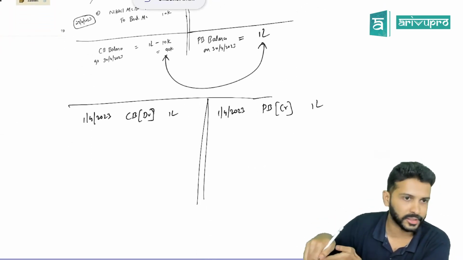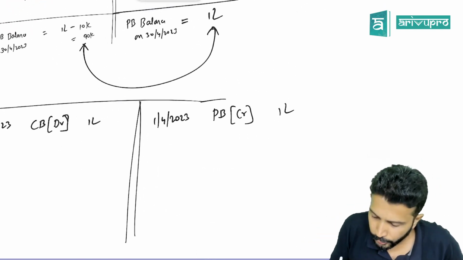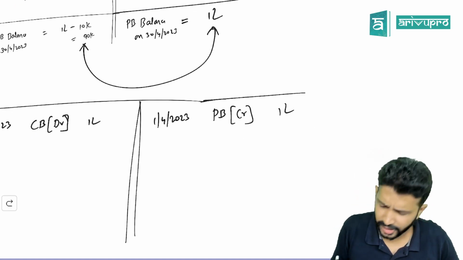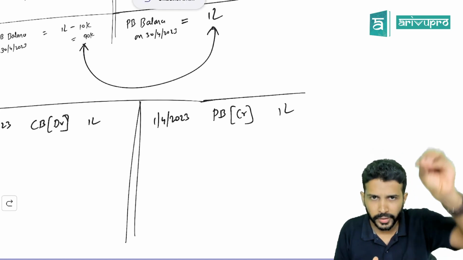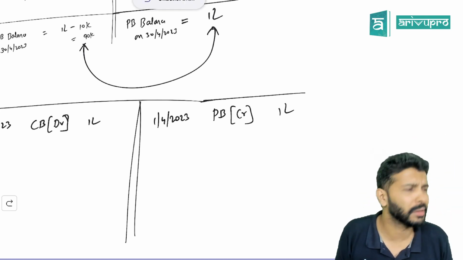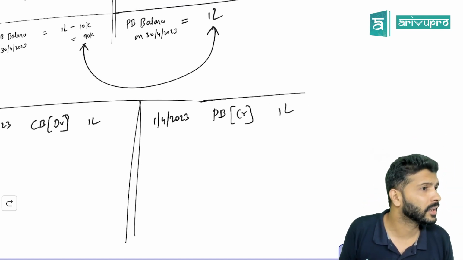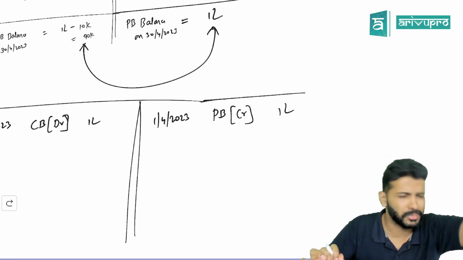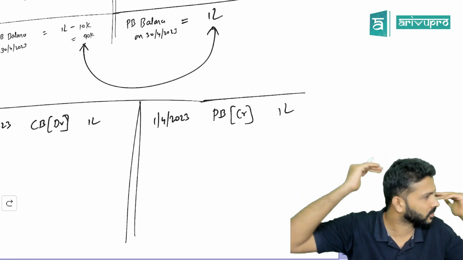I'm giving another example. Sir, if you have money at the bank, will the bank pay you anything on that money? If you deposit any money with the bank, will the bank give you anything in return? Yes, the bank will give you some interest. Maybe 3%, 4%, 10%, whatever.